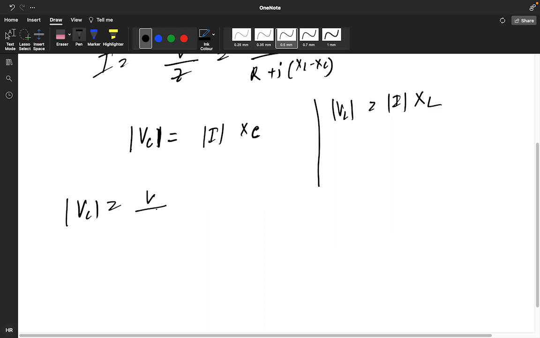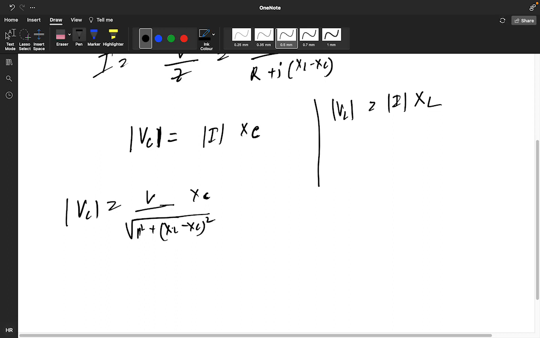V divided by root under R square plus (XL minus XC) the whole square. It is multiplied with XC.